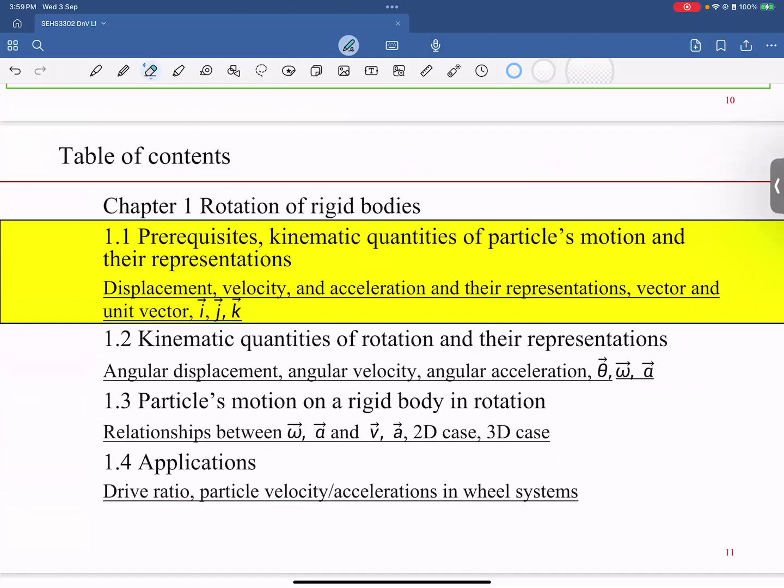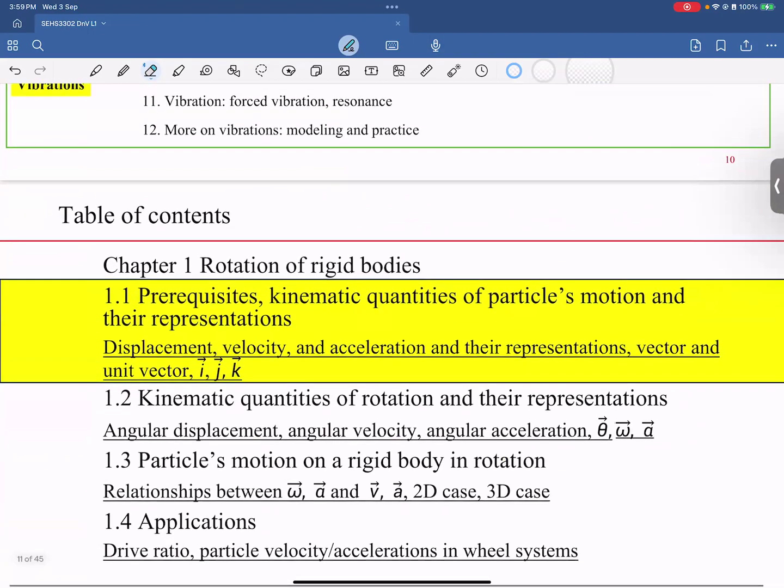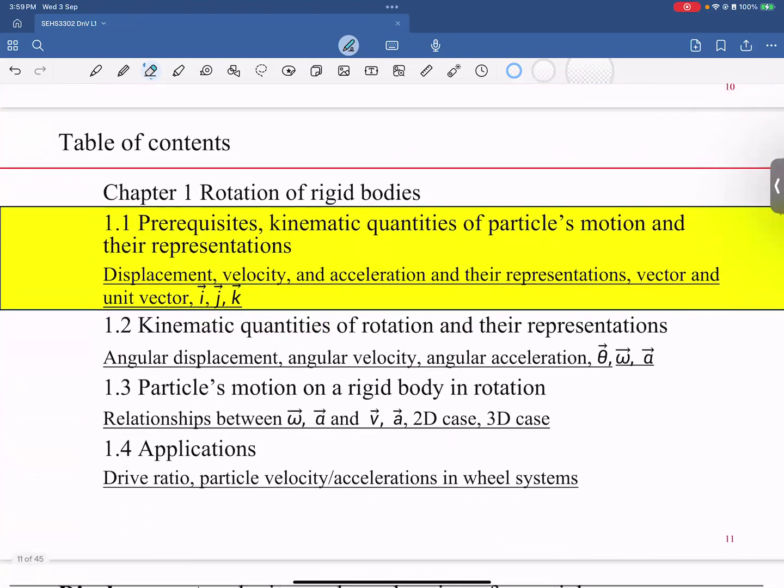Maybe if you have learned it, you find it very simple, and congratulations to you, because most of you have probably forgotten those parts. For this chapter, we aim at constructing a new way to describe the motion in an effective way.